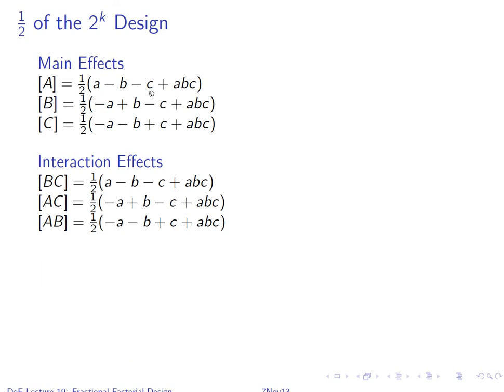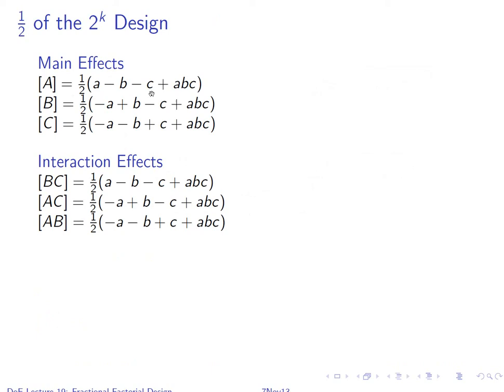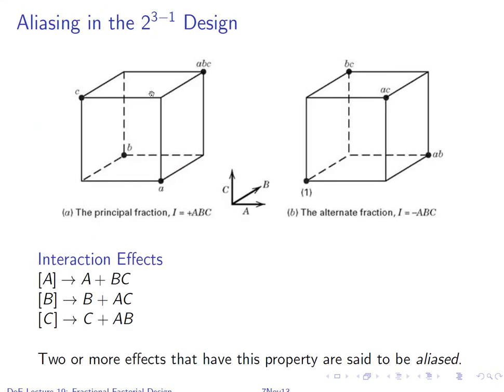And that's because of the relationship between the two factors happens to be the same as the A. Now suppose that I compute the main effect A. It happens to measure the main effect of the first factor A, but I'm also measuring the interaction effect BC. So if I measure the main effect A, it's A confounded with BC.